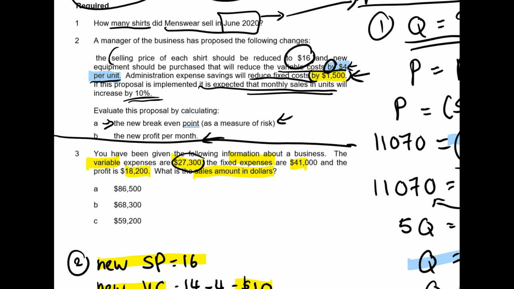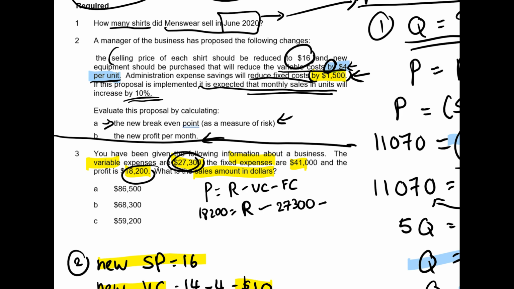So very simple. Profit equals revenue minus variable cost minus fixed cost. Okay, so you already know that your profit is 18,200. You don't know your revenue. This is something that you need to find out. You already know your variable expense is 27,300, and you already know that your fixed expense is 41,000.